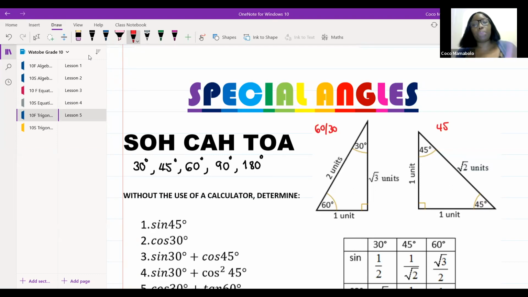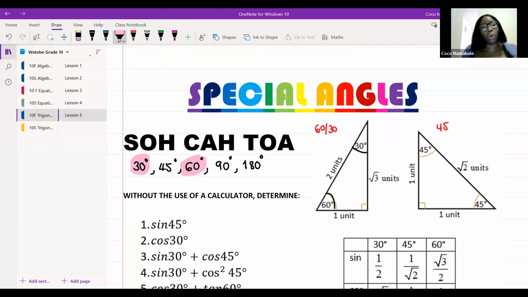Okay. Now, the reason why we're going to call this triangle a 60-30 is because I know that in a right angle triangle, when we're using Pythagoras or if we're using trigonometry, if this angle is 60 degrees, that angle over there is automatically 30 degrees. So that takes care of 2 angles in one. It takes care of my 30-degree and my 60-degree.